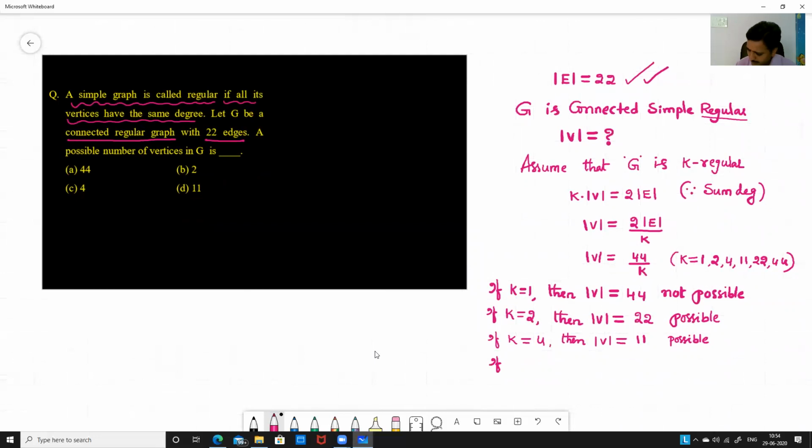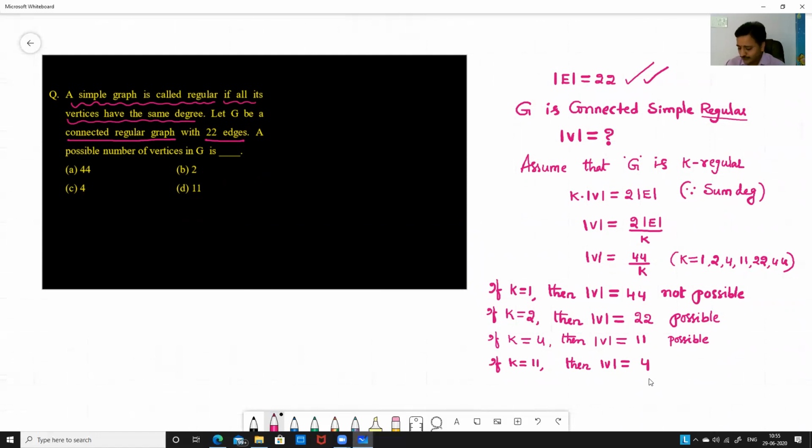Now, suppose I take K equals 11, then the total number of vertices is 44 by 11, that equals 4. But remember, if V equals 4, then it is not a simple graph because it has 22 edges. Please listen to this explanation once again.